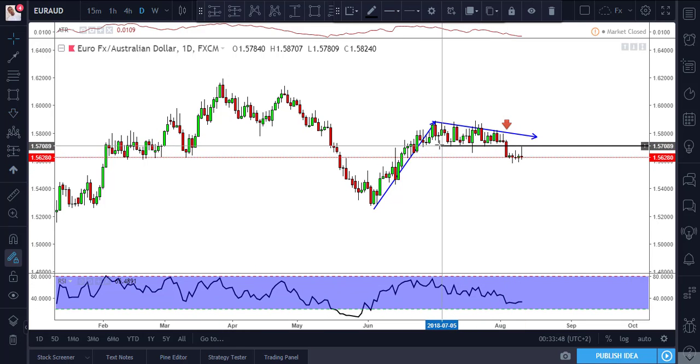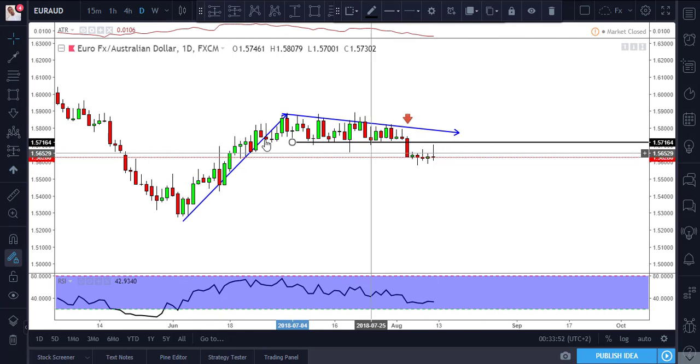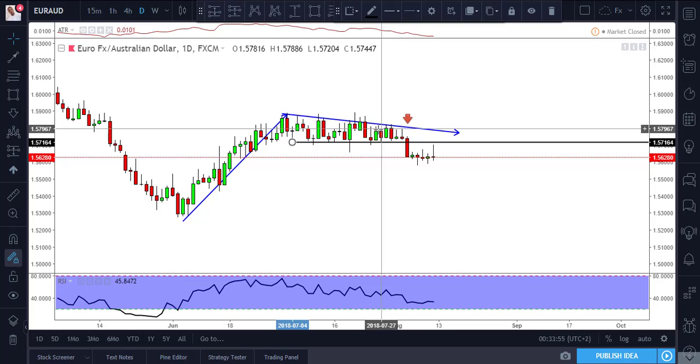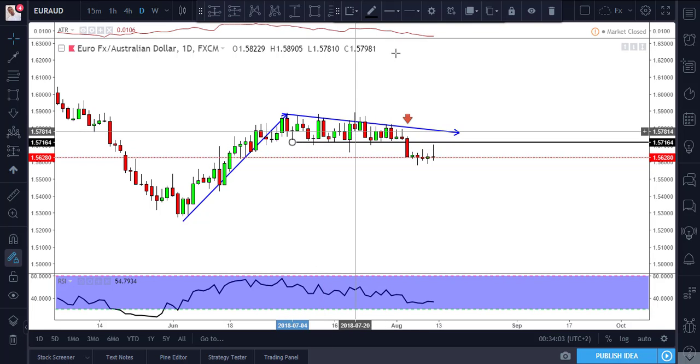As I zoom in closer, as the market consolidated below and formed a flag pattern or a wedge pattern, the market began to close below these levels right here.